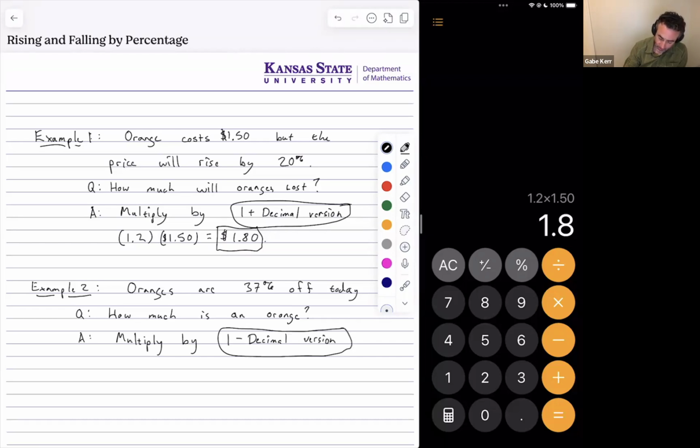So you get 1 minus 0.37 times, as I said, it was still $1.50. We haven't seen inflation yet. So if I subtract 0.37 from 1, you should get 0.63 times 1.50.